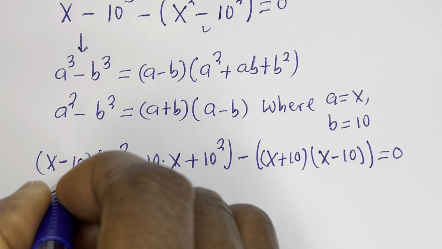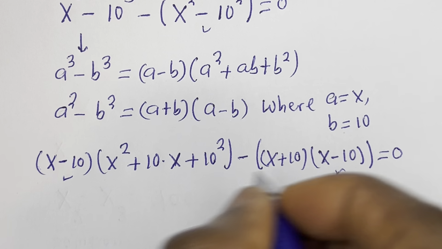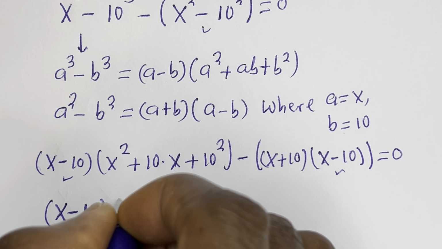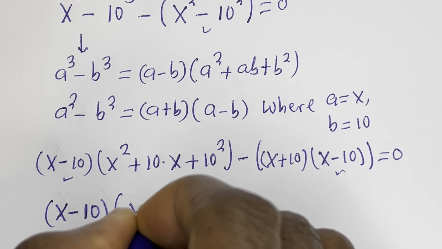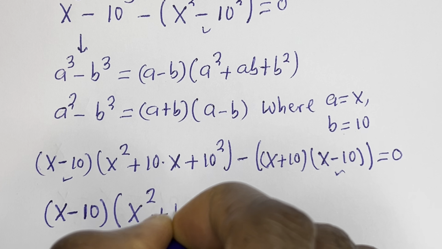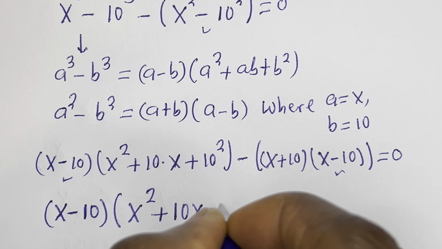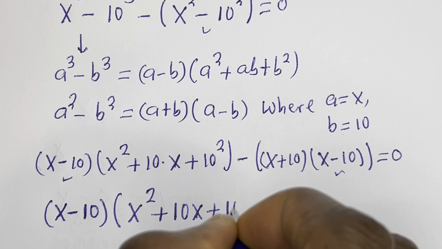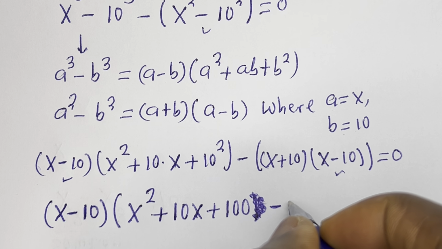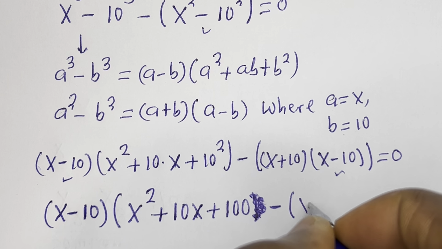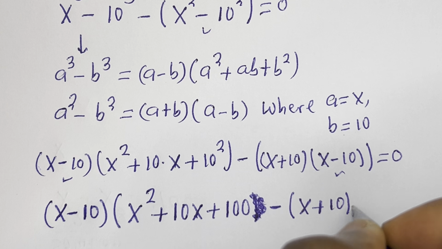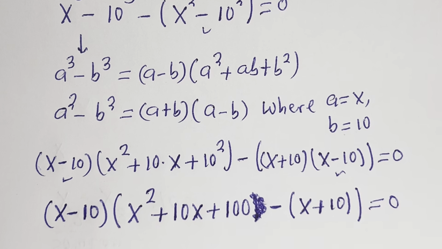Here we have s minus 10 is common here, s minus 10 bracket this is s squared, 10 multiplied by s, this is plus 10s plus 10 squared, that is 100, minus here is s plus 10 is equal to 0.